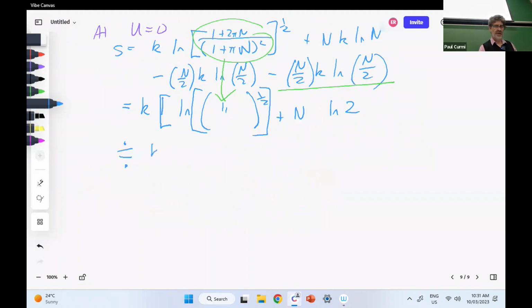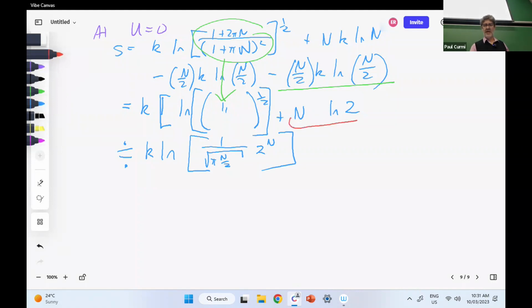equal to k ln of 1 over the square root of pi n on 2, to the n. So this 2 to the n is going into the logarithm.